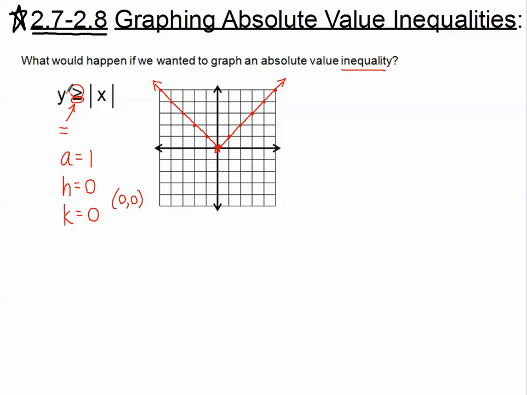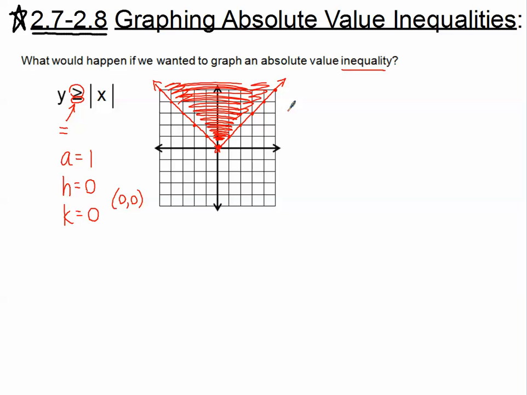If we're talking about all the y values that are greater than something, well, the y-axis is the vertical axis and it goes up and down, so it would make sense that if y is greater than, we'd be shading up, above. So in this case, we're going to be shading everything above our absolute value.